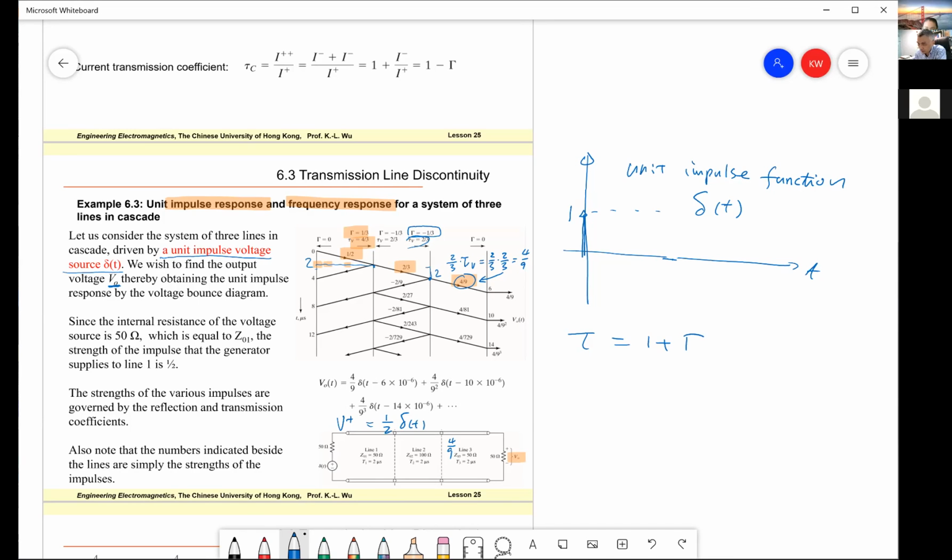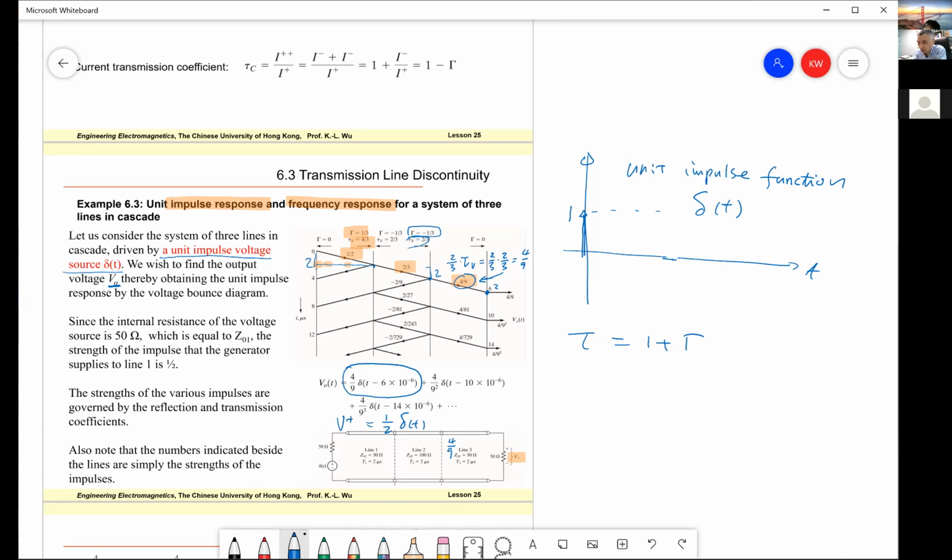This signal keeps moving another 2 microseconds and reaches the load. It has no reflection because it is matched. So this is the first signal we reached. How long does it take?